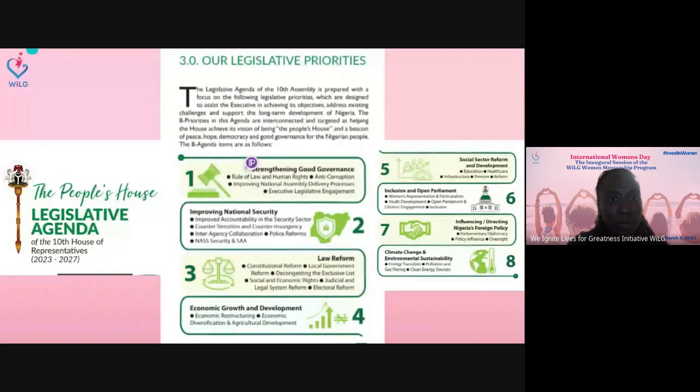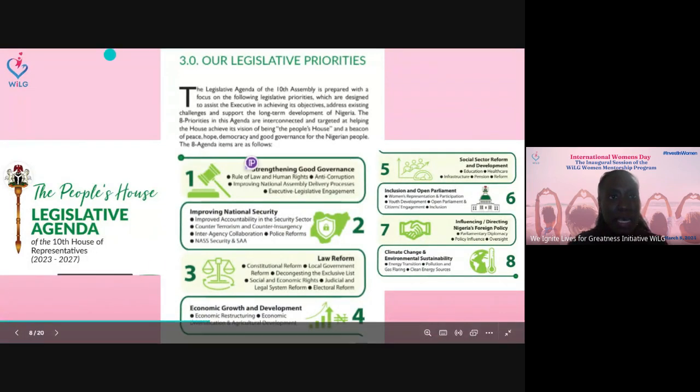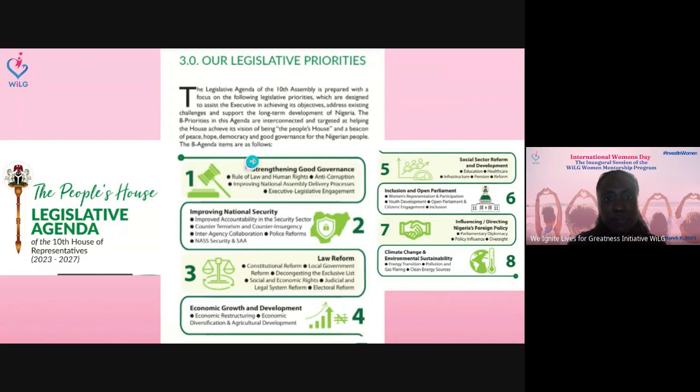So I'll talk about the legislative agenda. The legislative agenda is the plan of the House. The 10th House of Representatives has its legislative agenda, focused on the People's House.